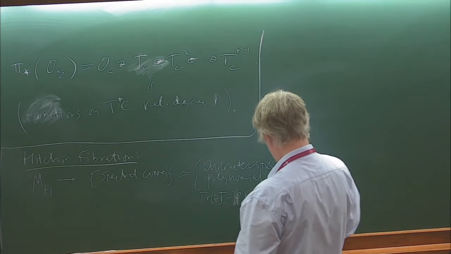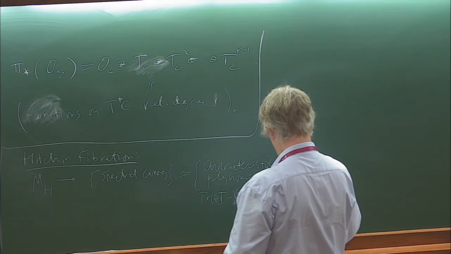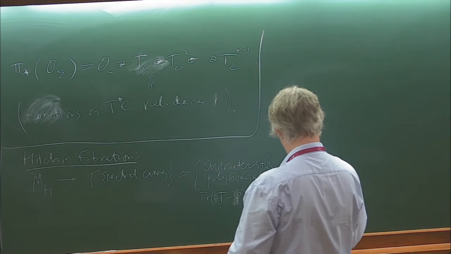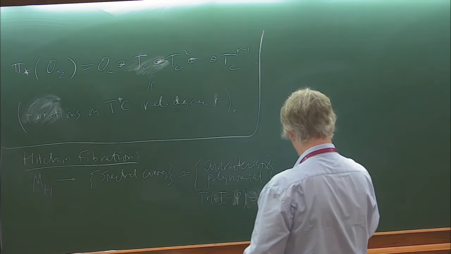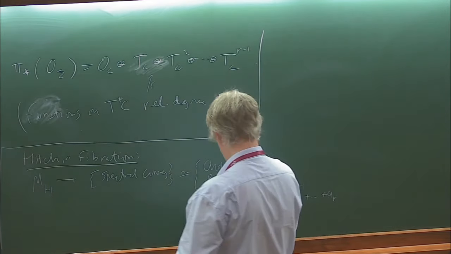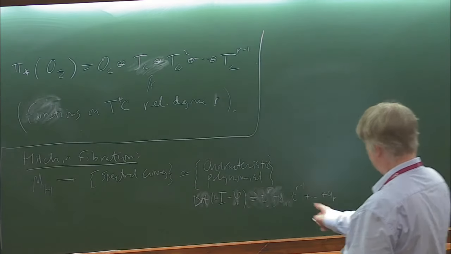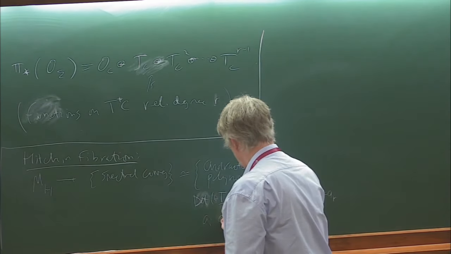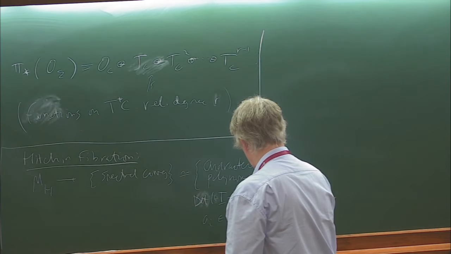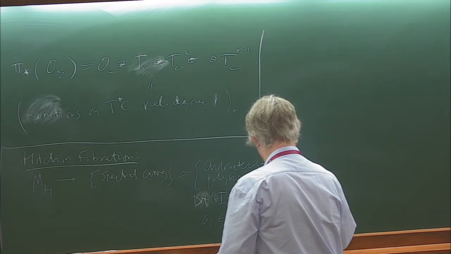Let's write it this way. It's going to be t to the r plus a_1 t to the r minus 1, plus and so on. Right, so if we write it this way, the a_i, what are they naturally? They're naturally sections of K_C tensor i.